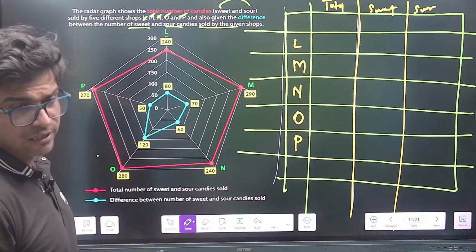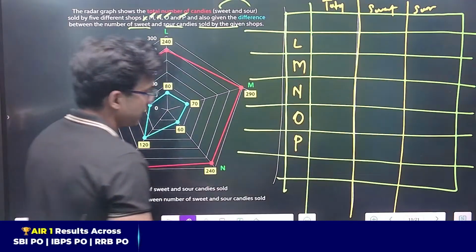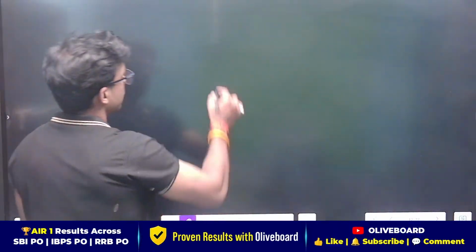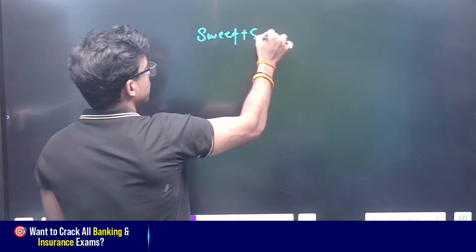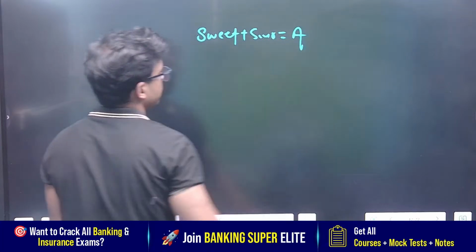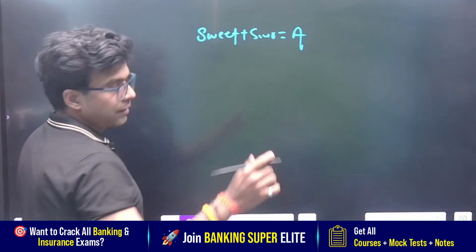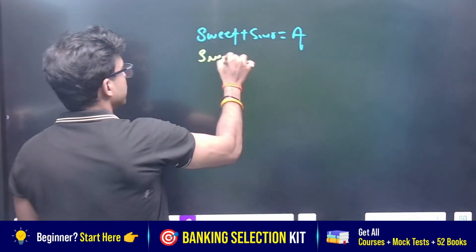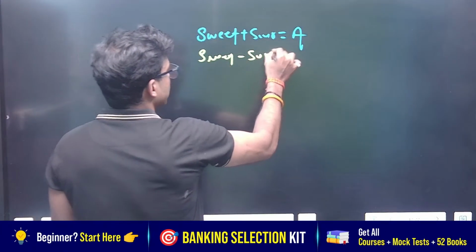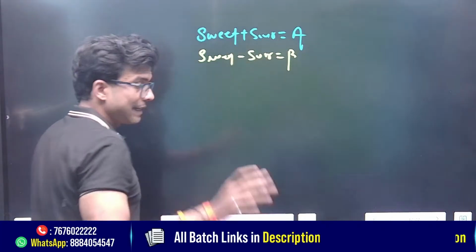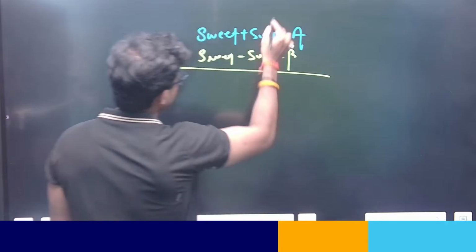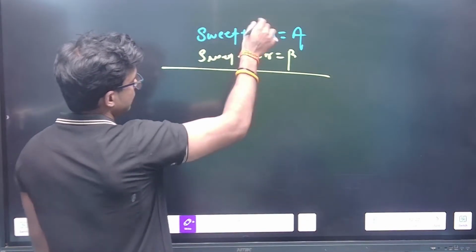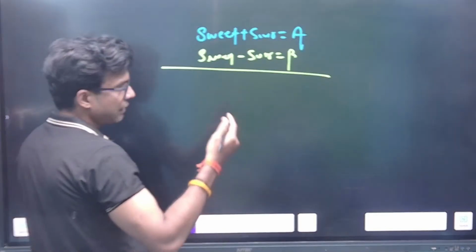First of all, listen to what we need to do here. The concept. Sweet plus sour, let's say A. And in the second, sweet minus sour, let's say B. Then if I want to calculate only sweet, I need to add.